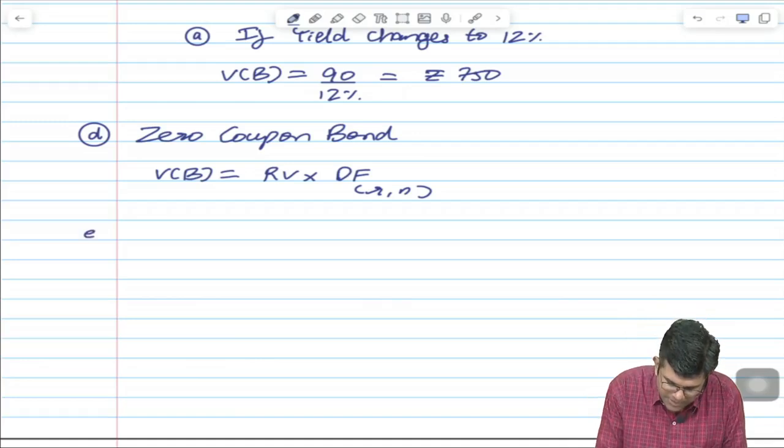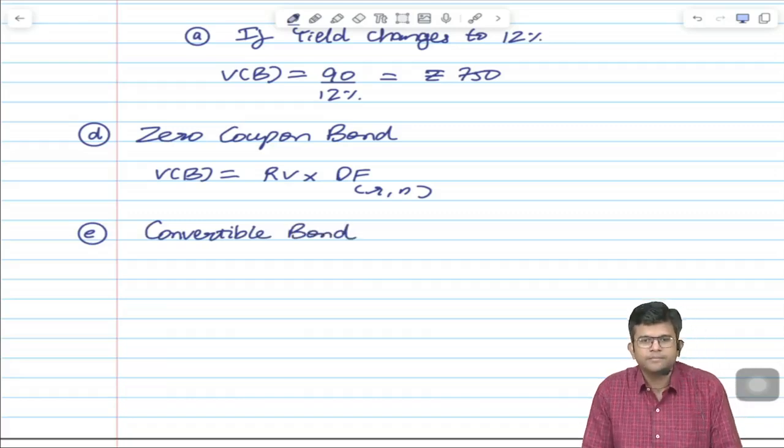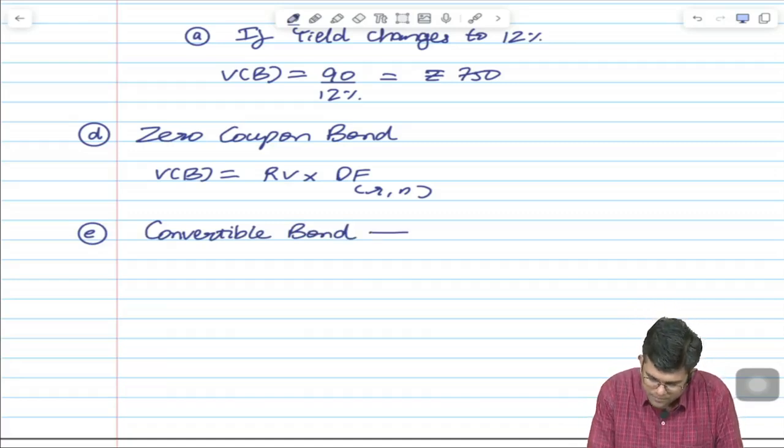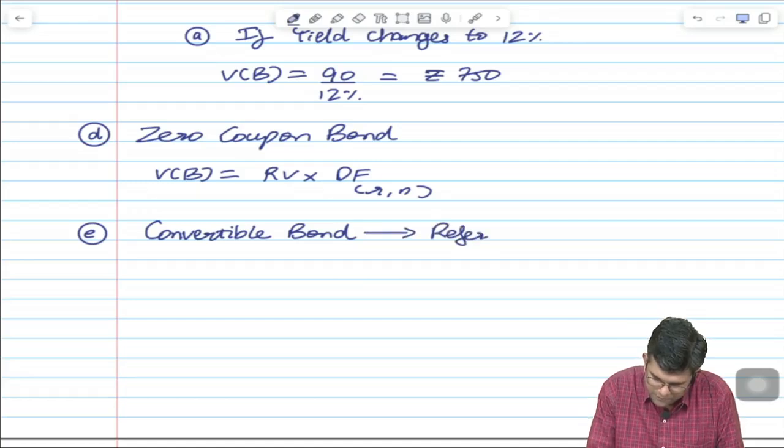Point number E. Convertible bond. Refer to the module.